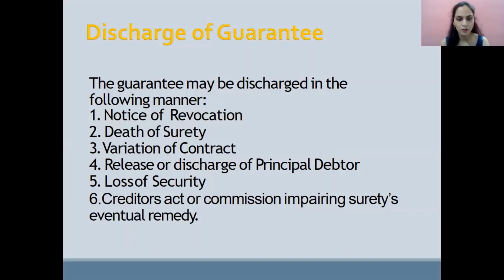The next is release or discharge of principal debtor. In certain cases, if the debtor is released from his liability, be it by taking an extension of time from the creditor or by any other means, then automatically the surety or the guarantor is also discharged. For example, A has taken a loan from B for rupees 50,000 and the guarantee has been given by C. A has already paid 45,000 rupees and now he is unable to pay the remaining 5,000.